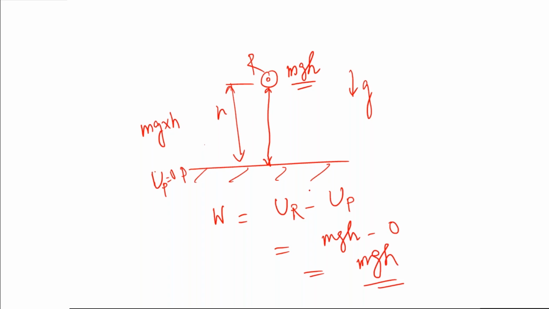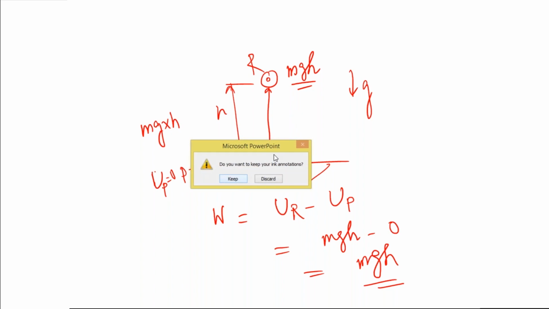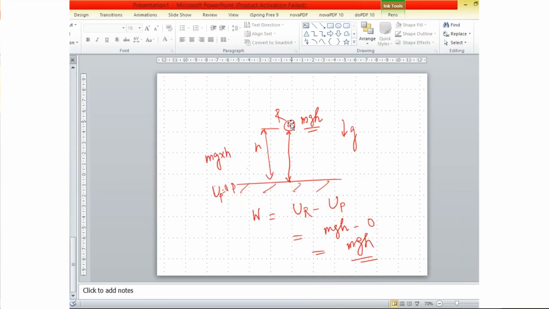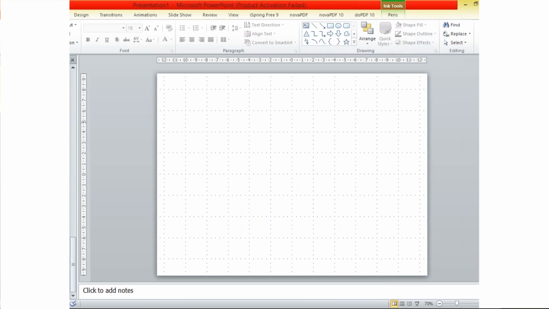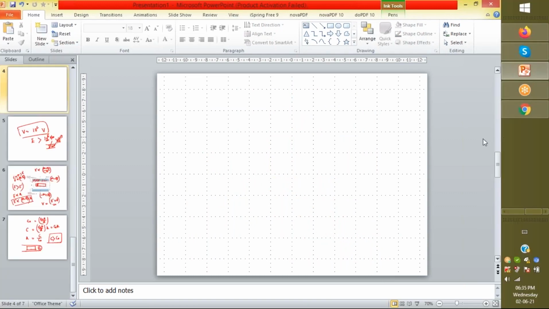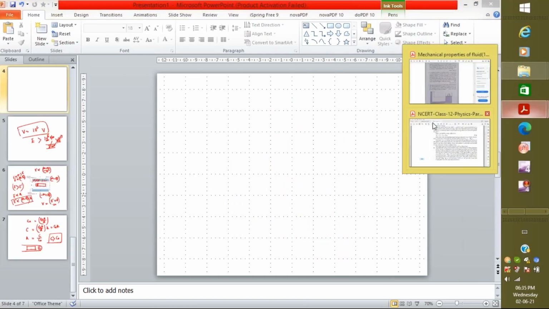So this is the important quantity. The potential energy difference is the relevant quantity, rather than the potential energy at every point, which we can equate to work done.